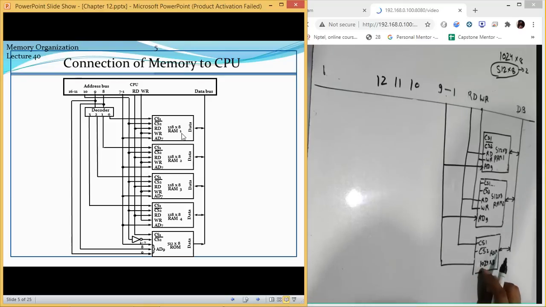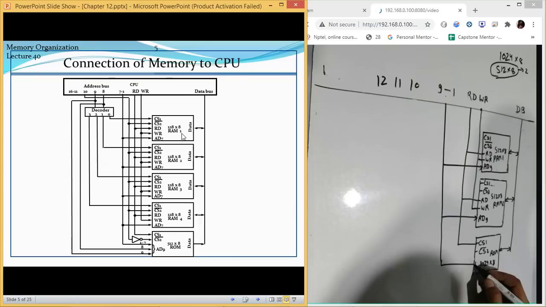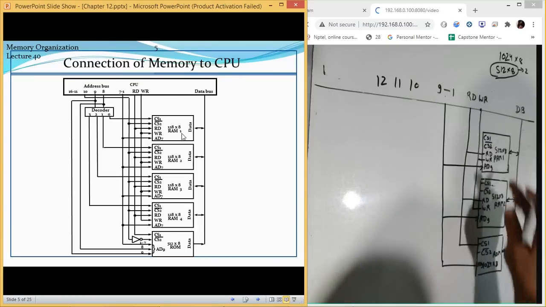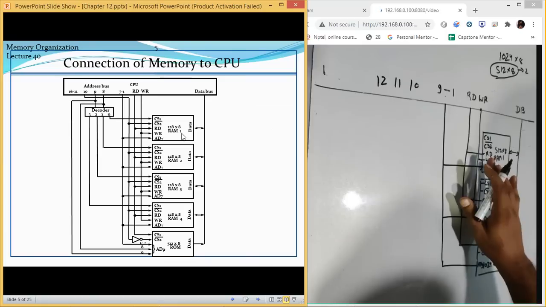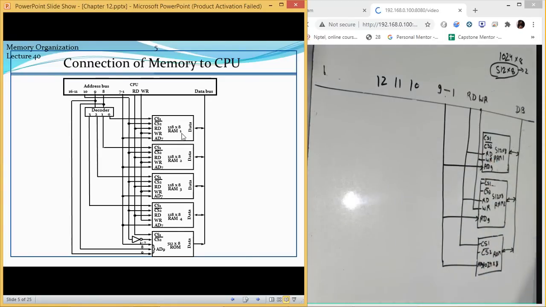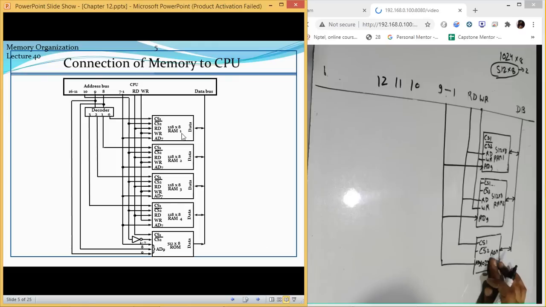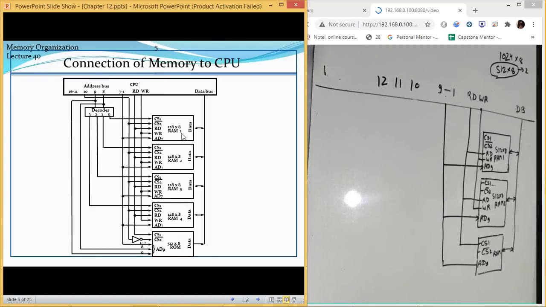It is 1024, which means we need 10 lines for it. But we have connected 9 from the same lines which we have used for RAM. We have connected it with this as well. So it is AD 9. So 9 lines are connected at this place.